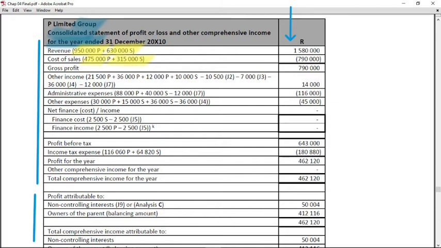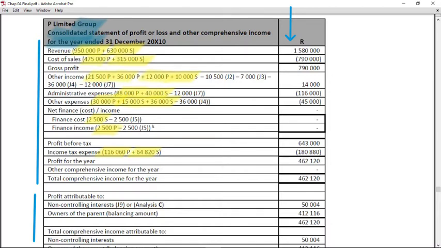So all these amounts where there's a P or an S next to it represents your starting point. You can find these amounts from the separate trial balances. Same for finance costs and finance income and your income tax expense.